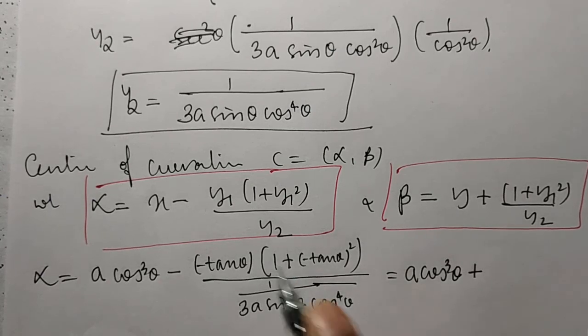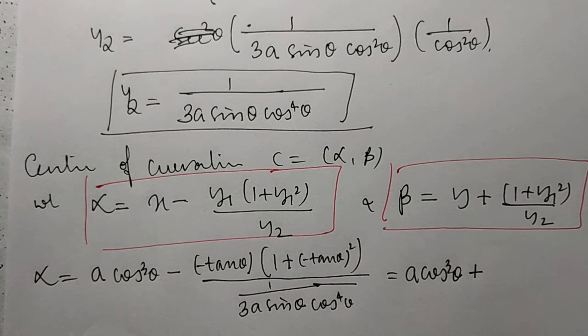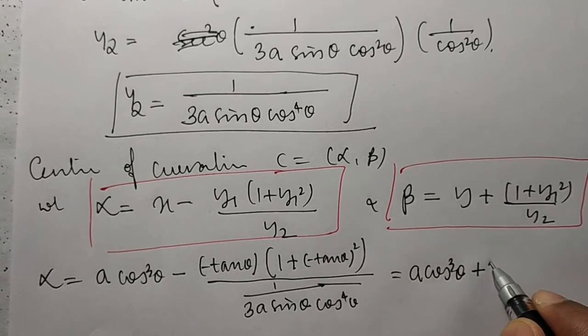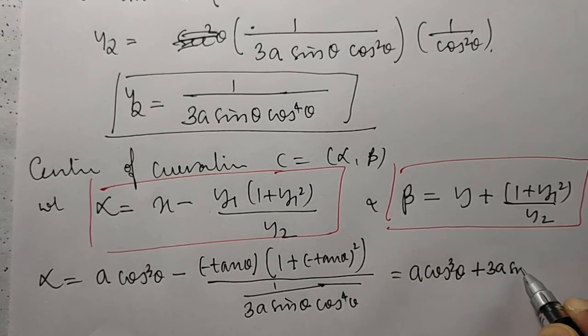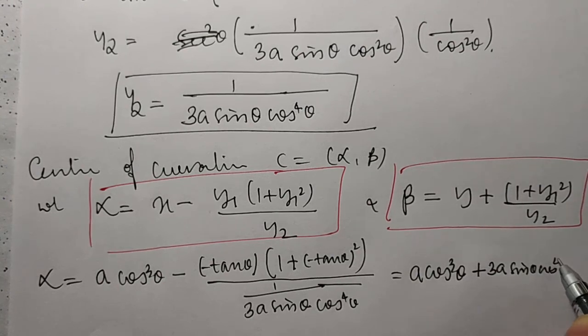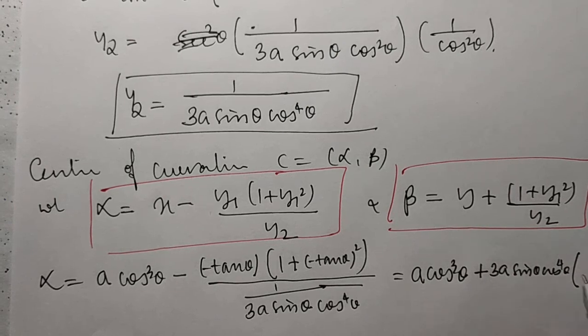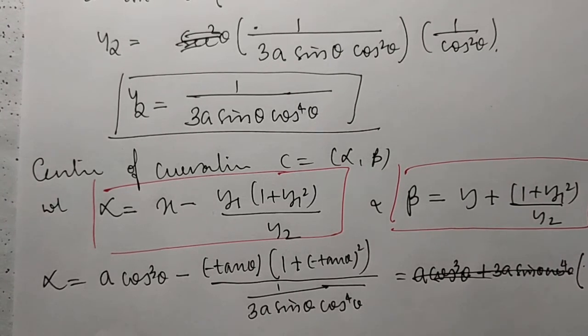Then this part goes to the numerator. When this goes to the numerator, then what is the calculation part now? The calculation part says 3a sin theta cos raised to 4 theta into tan theta. I'll take it here.